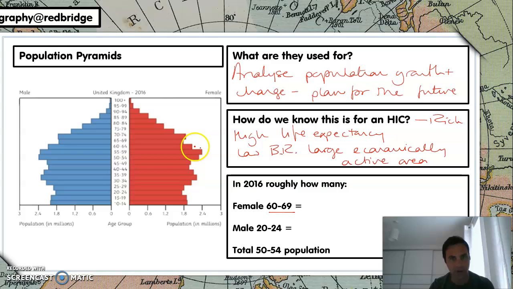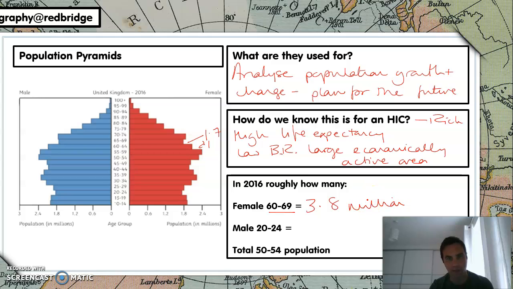So the age group you're looking for is here. And the first age group is 2.1. And the second age group that we're looking at is here, is actually 1.7. So you add those two together, you add 1.7 and 2.1, and you end up with 3.8 million.